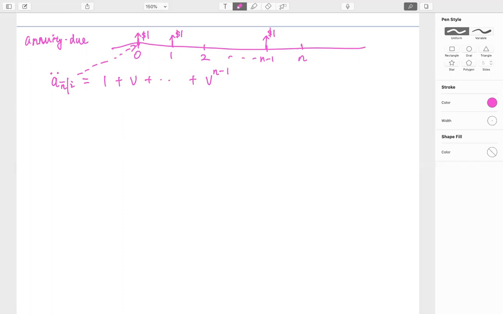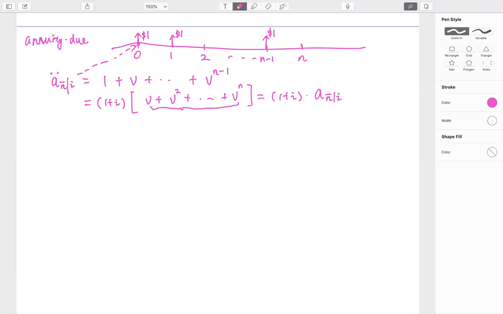Okay. So there are so many ways you can do this. One possible way is to factor out something. I can take out 1 plus i. Then my first becomes V, the second becomes V squared, going to V^n. So what's inside? Inside is exactly annuity immediate, right? So this is (1 plus i) times annuity immediate.